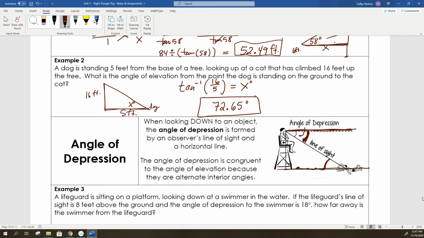So when they give us an angle of depression, we're going to use the alternate interior angle of elevation because that's inside the triangle. That's the one we're going to use.